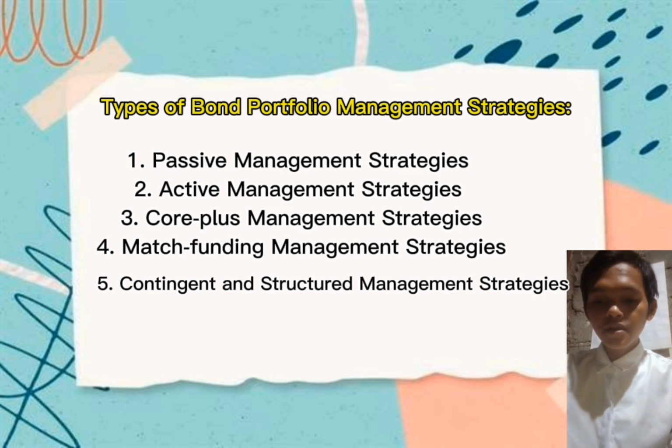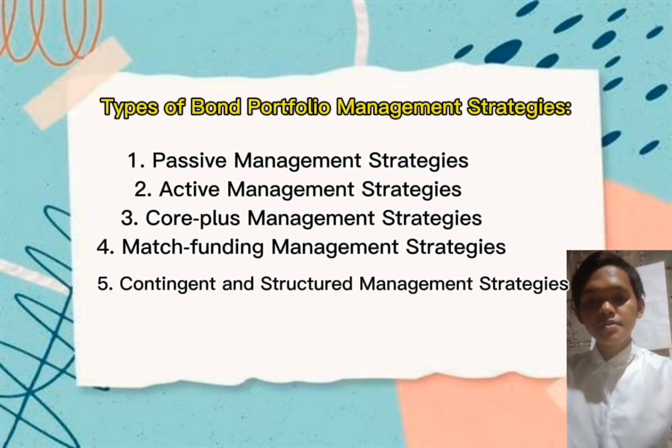Passive approaches are further subdivided into buy and hold, selecting bonds with desired characteristics and replacing them at maturity, and index mimicking, replicating a specific bond index.